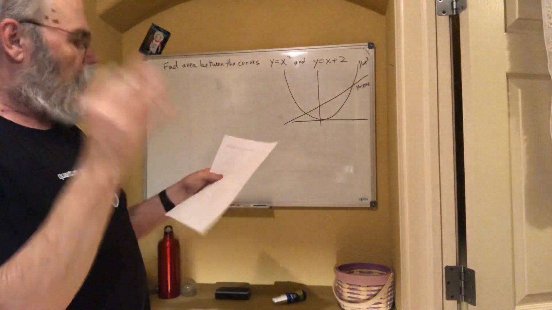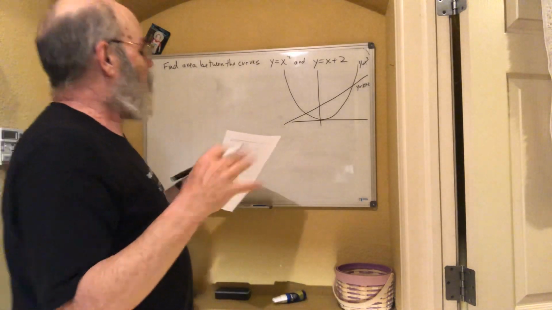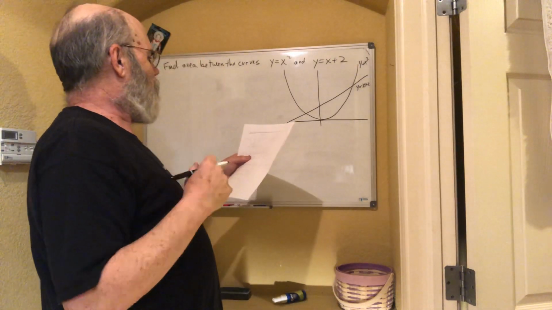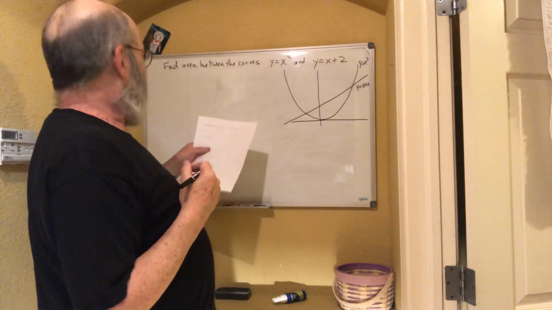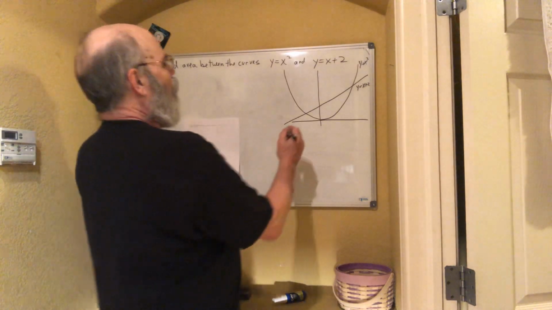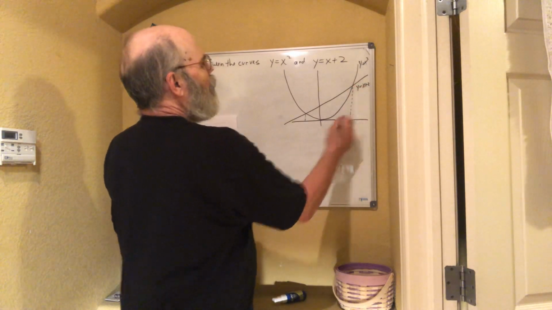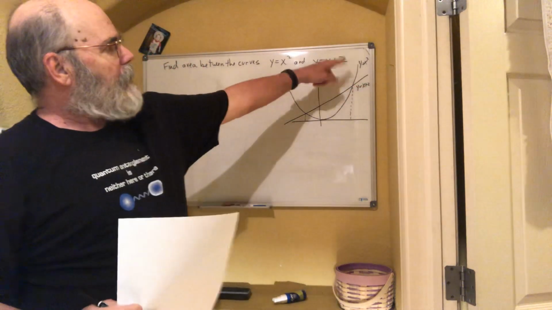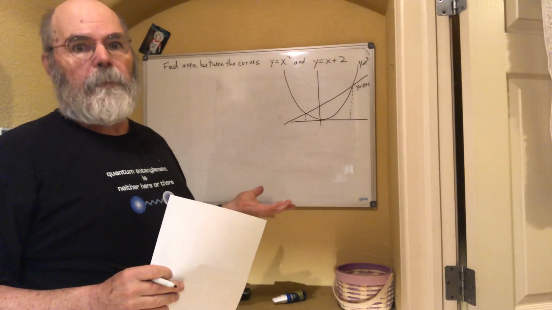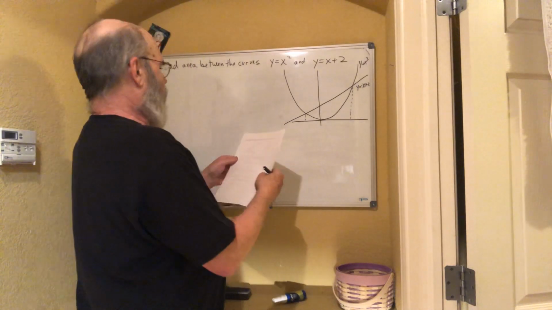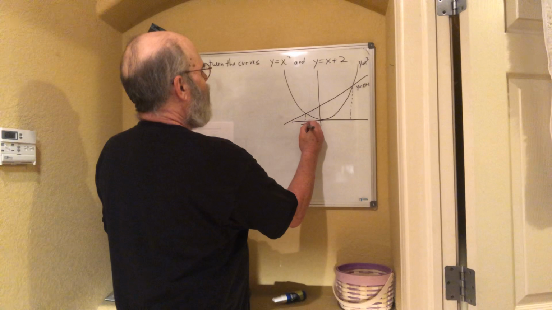And you can invert these and write them the other way, and we'll do that in just a second. Anyway, so it looks like that. You've got to know what these points are, because they're going to be the limits of my integral. You just get those by equating the two curves, right?